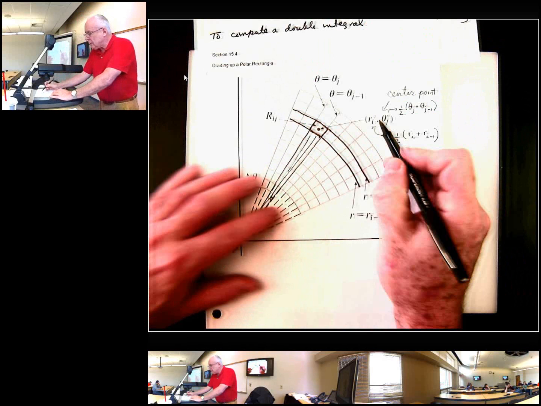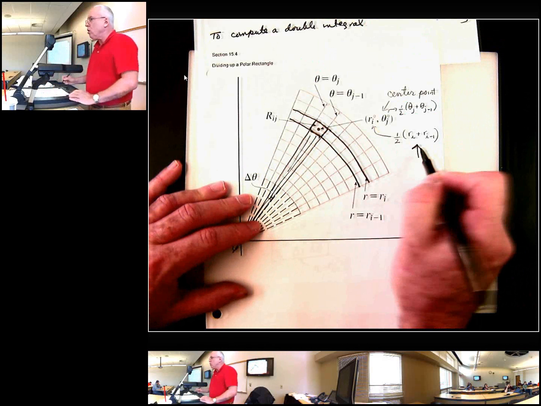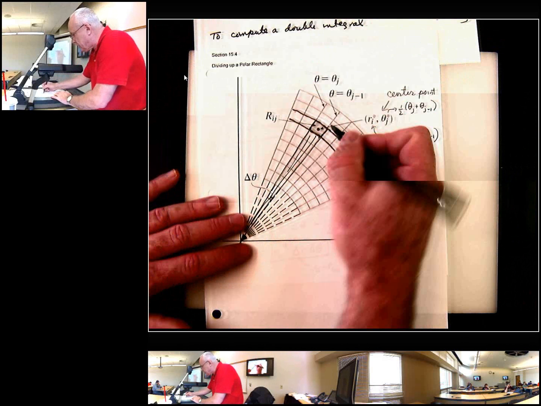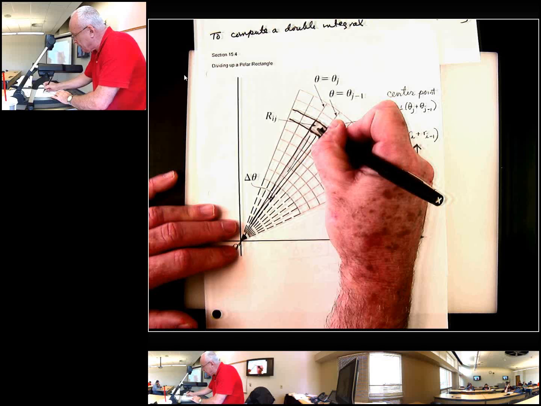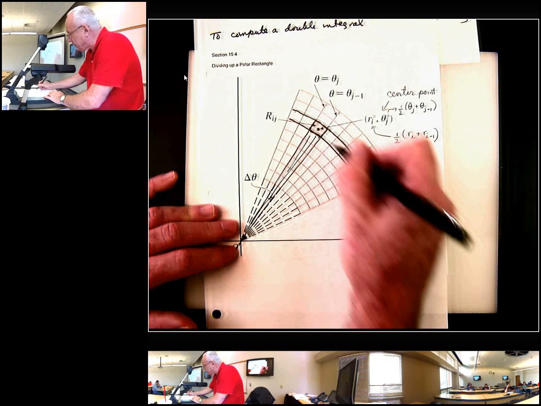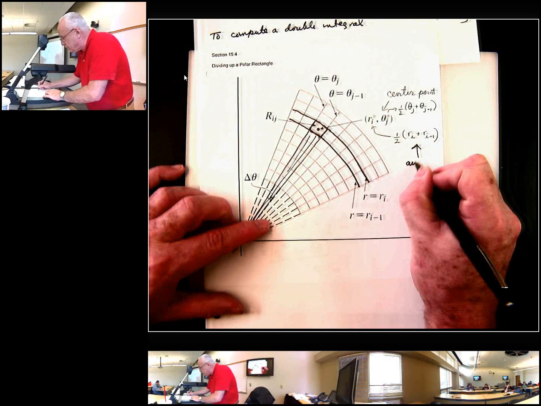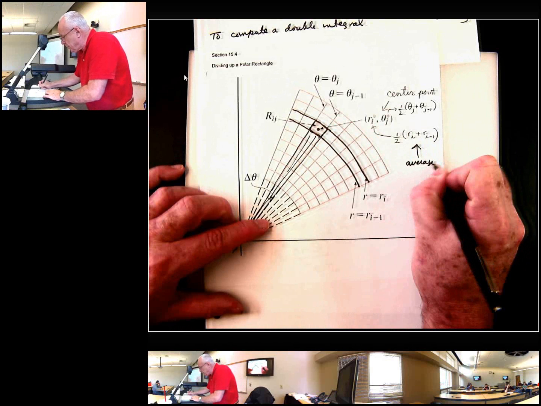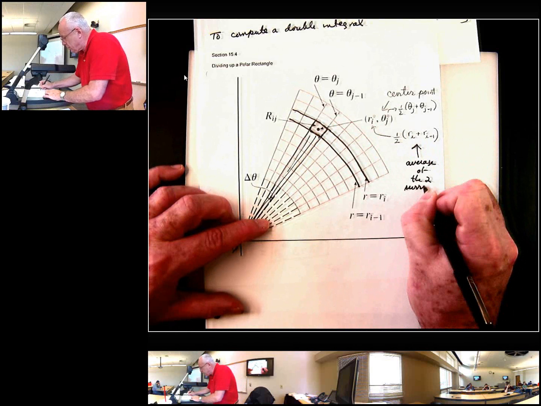This r sub i star is the average of those two r's. So it's basically right here, the r coordinate, we just add the two r's together and we multiply by 1/2. So it's the average of the two surrounding r's.